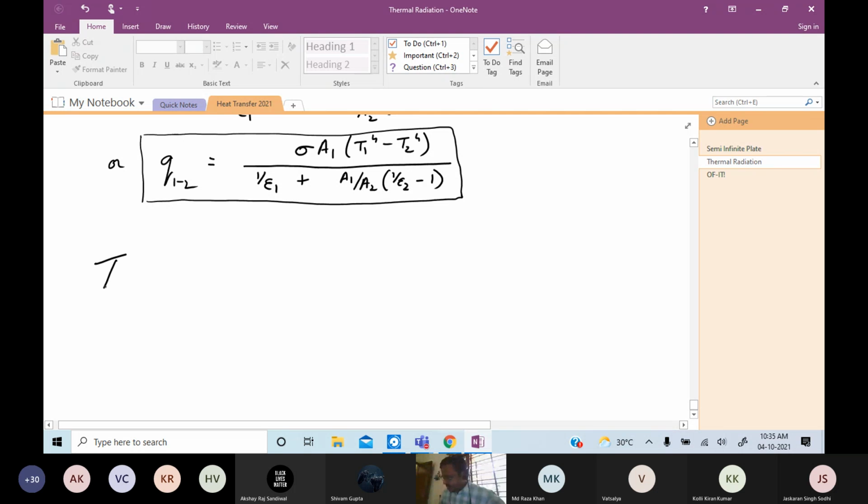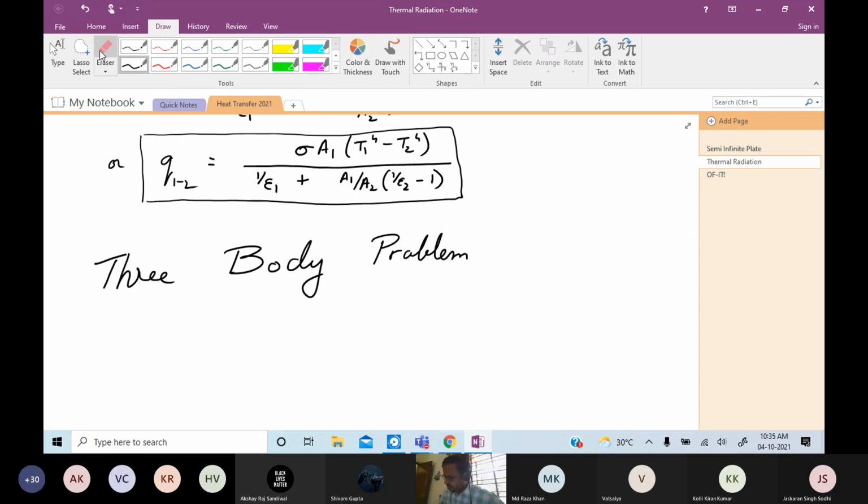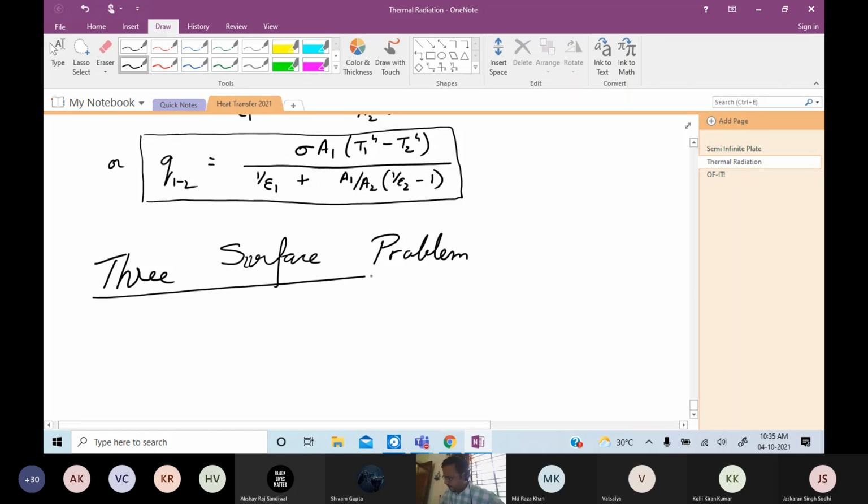Now network analysis becomes very helpful with multi-body enclosures. So let's take a 3-body problem. A 3-surface problem. I should not be using body, I should use the 3-surface problem.